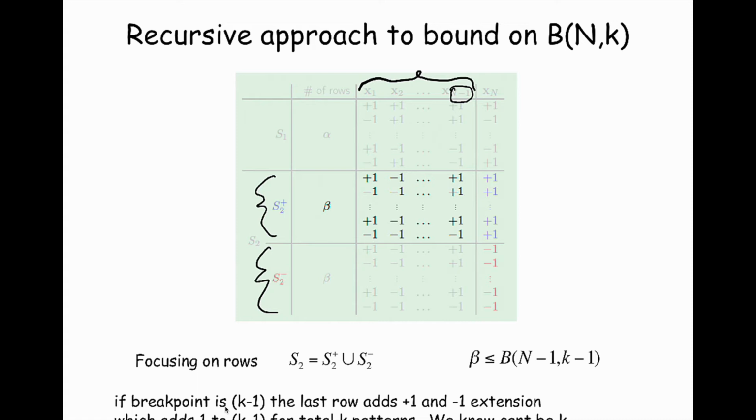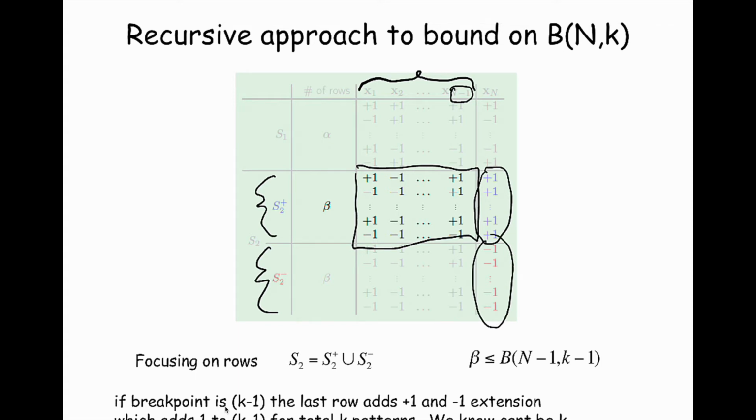If the breakpoint were k for this region S2, and we were going to count these, what would happen? We have a version where this last position is +1, and we have a version where it's -1.